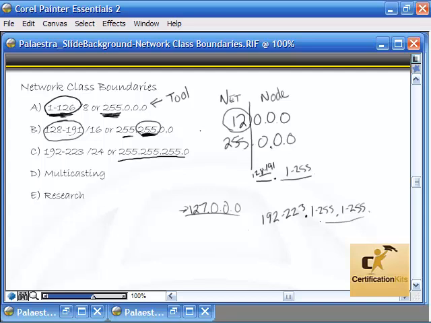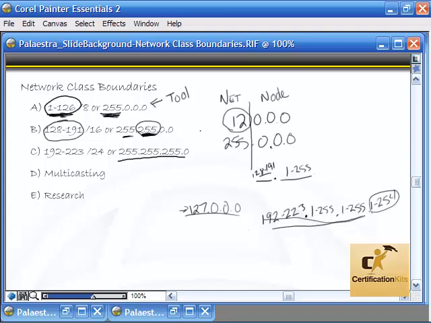The only problem with the Class C is you're more limited in the number of nodes per network. You're limited to 1 through 254 in the node portion of the address. It gives you 254 node addresses, because 255 is used for broadcast. So you're more limited on the number of node addresses you get, but there are a ton of Class C network addresses out there.